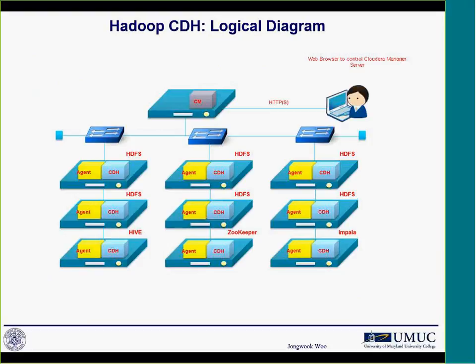And this is a logical diagram of how the Hadoop cluster could be built. It's similar to your Bluemix, which has a similar logical diagram. The only exception is the storage; object storage is located at different locations.